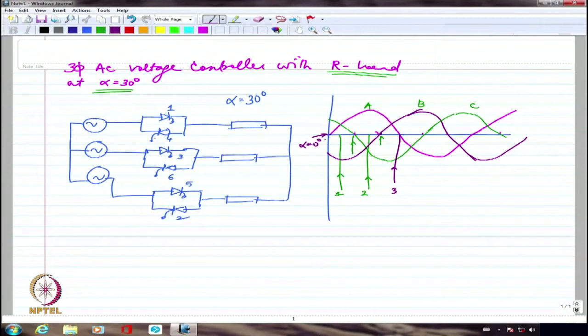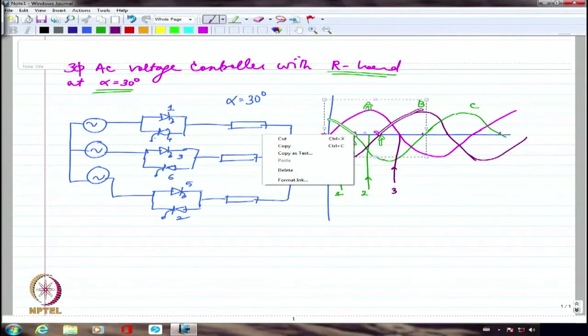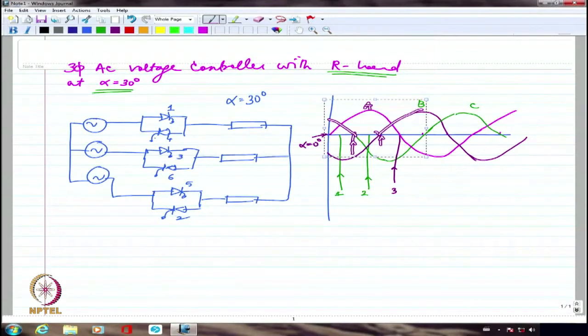So when I fire 1, I assume 5 and 6 are conducting. If 5 and 6 are conducting, 5 corresponds to C phase, but C phase negative happens only from this point, not before that. So I still have a 30 degree interval before device number 5 goes off. Let me draw the intervals.